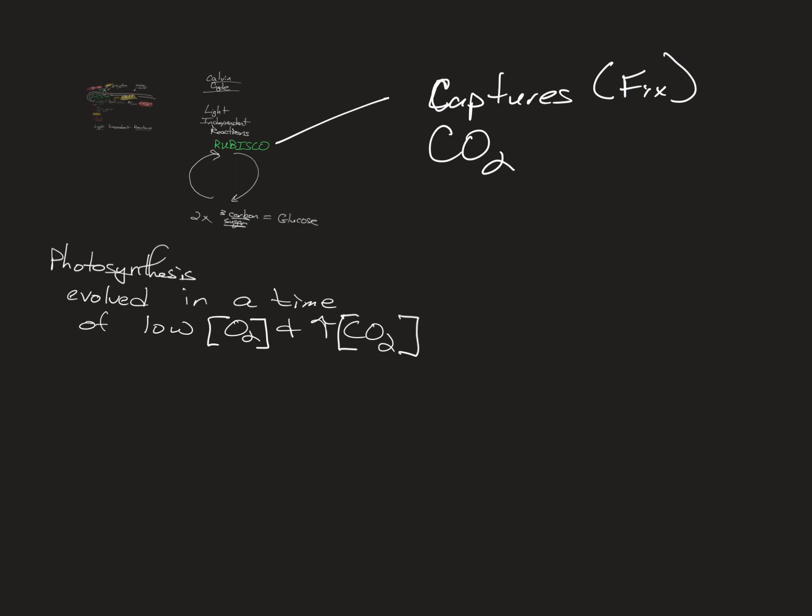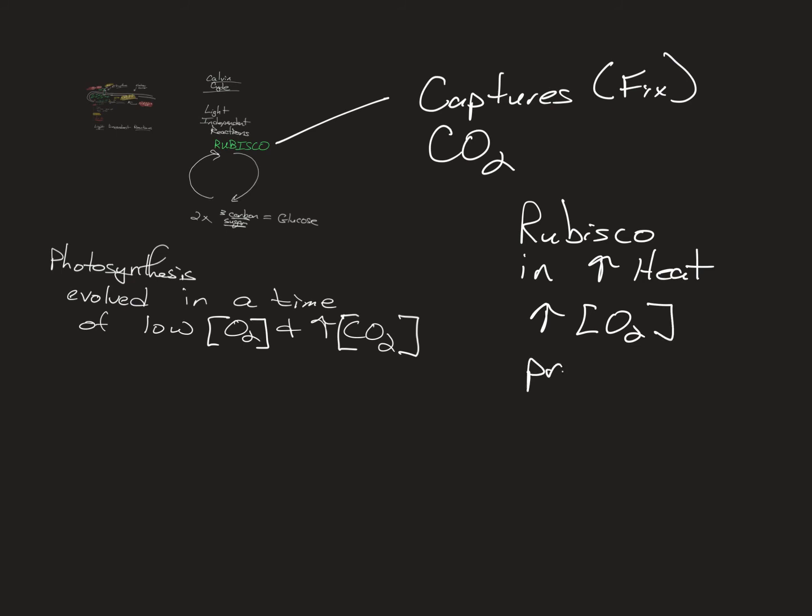Now, there's something that, fortunately or unfortunately, is a result of how rubisco came into being. It evolved during a time of low oxygen, so it never was an issue in the first millions of years it existed. It wasn't an issue that rubisco, in high heat or high concentrations of oxygen, prefers oxygen.